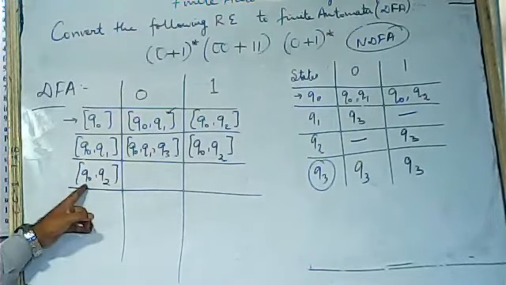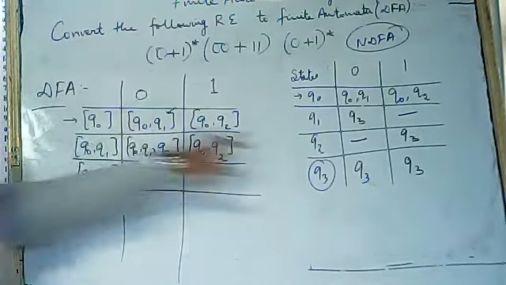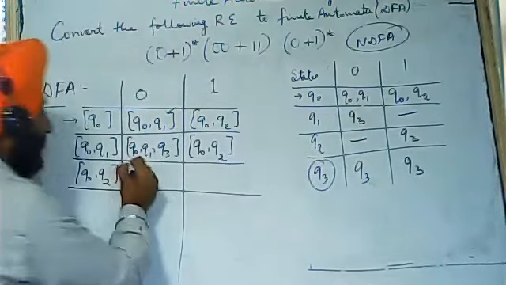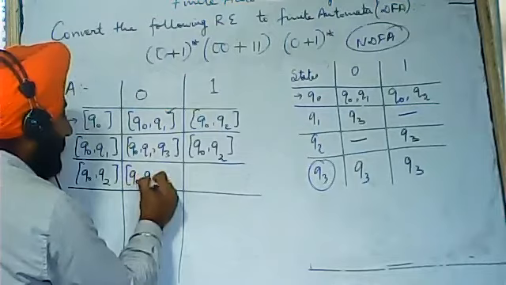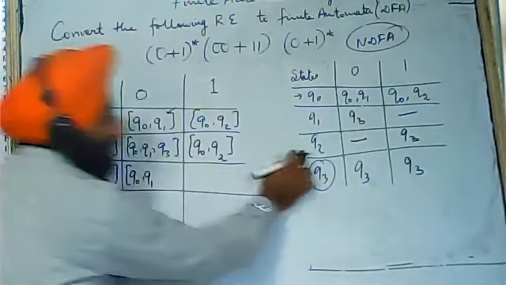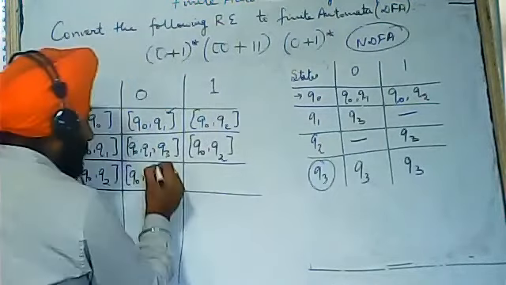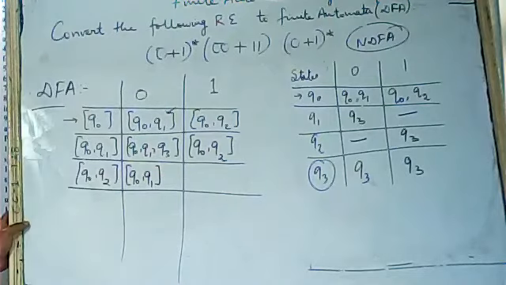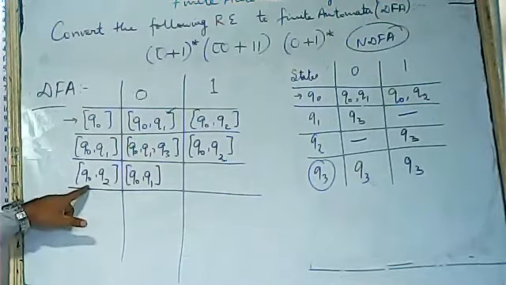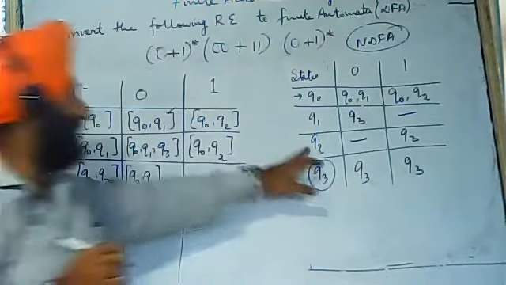Again, q0 upon the processing of 0 goes to q0, q1, and q2 upon the processing of 0 goes nowhere. So completed. Next, the processing of 1.